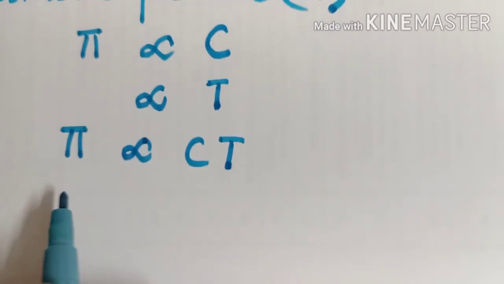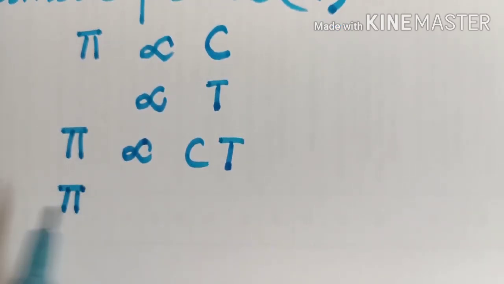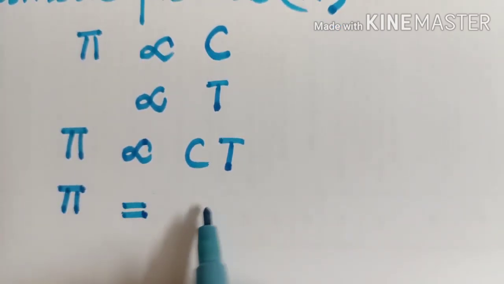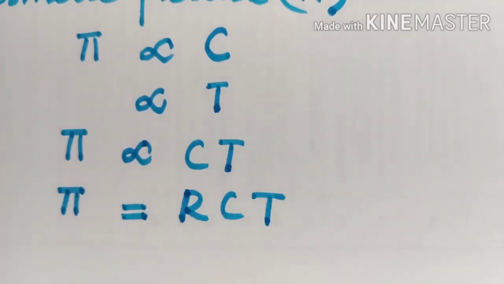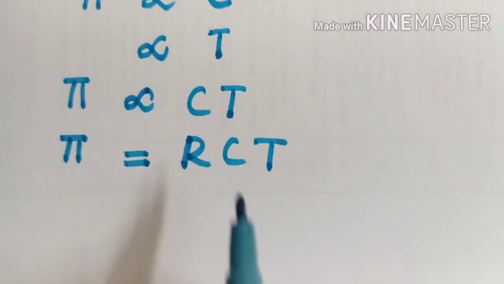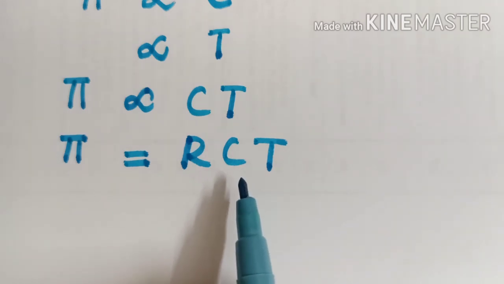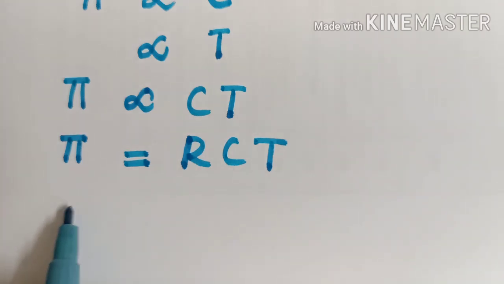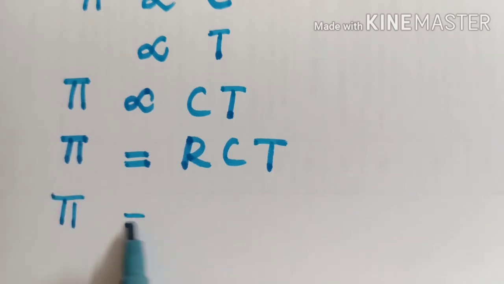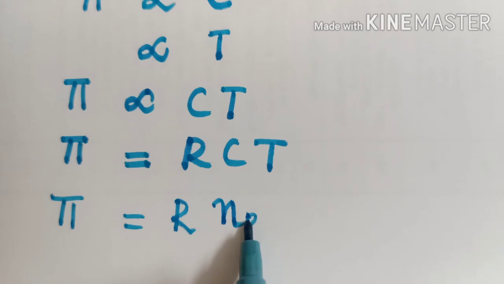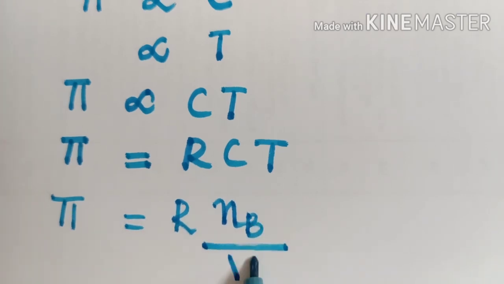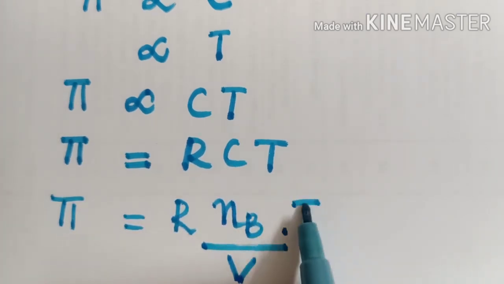So pi is equal to RCT, where R is the universal gas constant. Now converting the value for molarity, you have pi is equal to R into number of moles of the solute per liter of the solution into temperature.